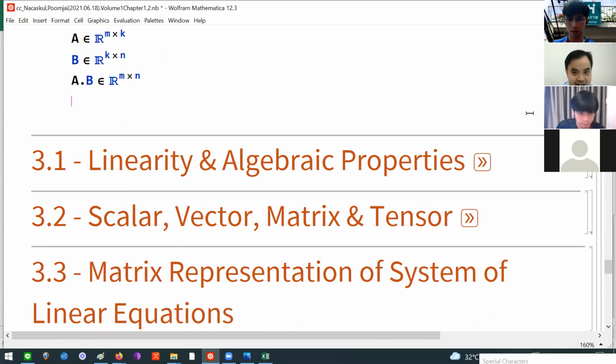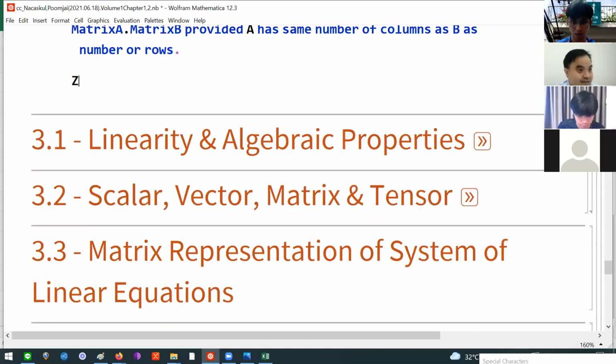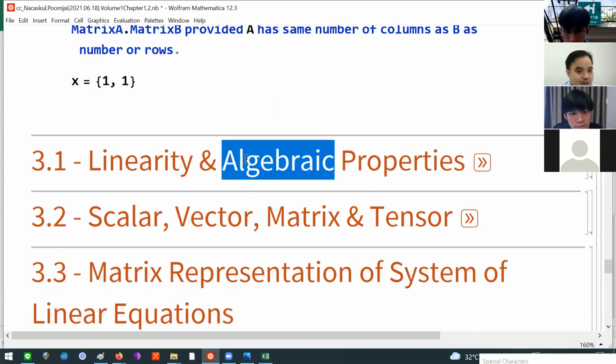So let's say I'm going to make an assignment again. X is equal to 1 and 1. Now, I'm going to sidetrack into a concept of what's called algebra. I won't talk about it in detail. In fact, I'm not clicking this thing right now.